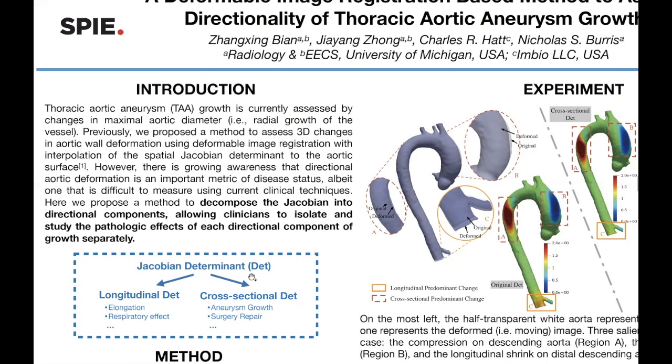This decomposition allows clinicians to isolate and study the pathological effects of each component separately. For example, we can tell what amount of deformation is caused by elongation and what amount of deformation is caused by aneurysm growth.